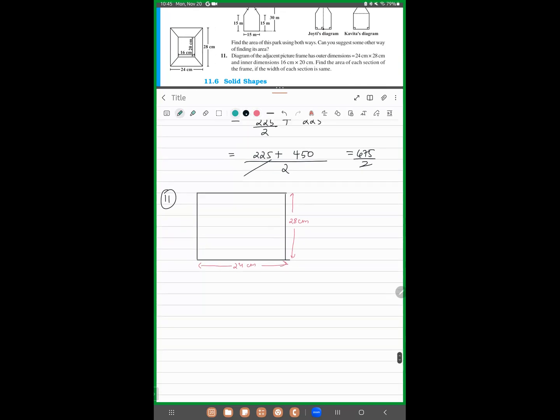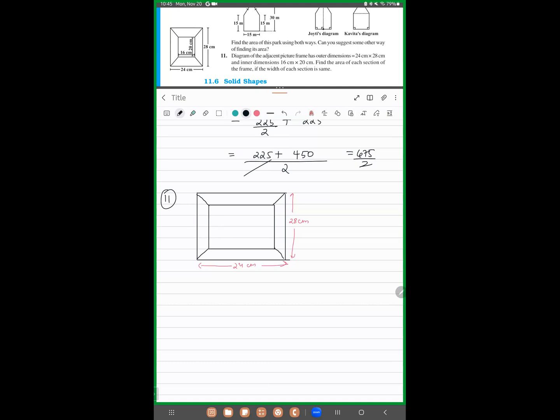And then there is... I hope you're drawing the figure.